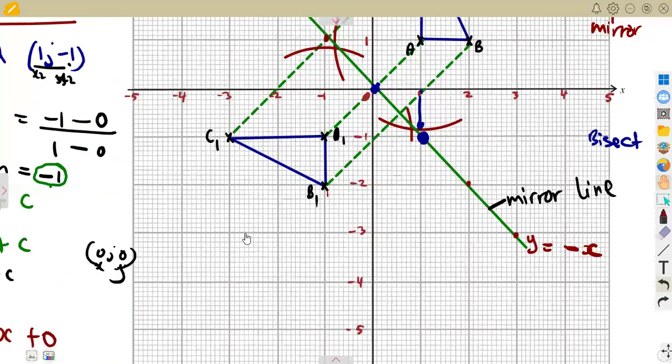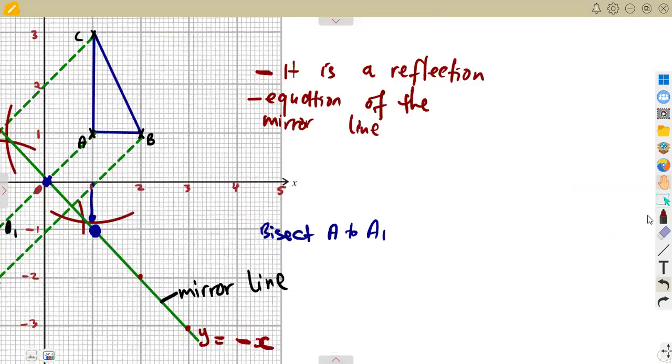So you are going now to write that equation you are describing here. It is a reflection. Then the equation of the mirror line, what is our equation? Y is equal to -x. That is to describe fully.